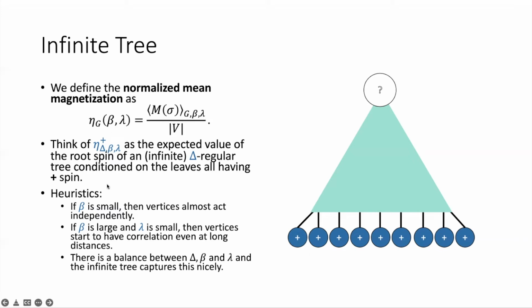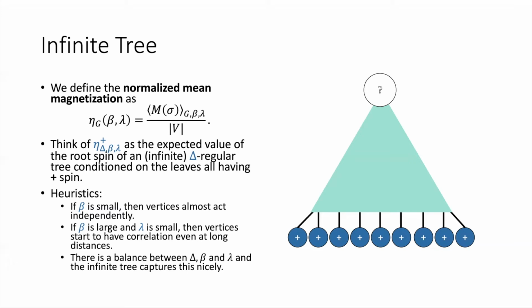So we're going to think of this parameter nu plus of delta, beta, lambda, that's a mouthful, nu plus, if you will, as the expected value of the root spin of an infinite d-regular tree conditioned on the leaves all having the plus spin. And that might seem really counterintuitive because I just said infinite, yet I'm saying there are leaves. Here's the idea.